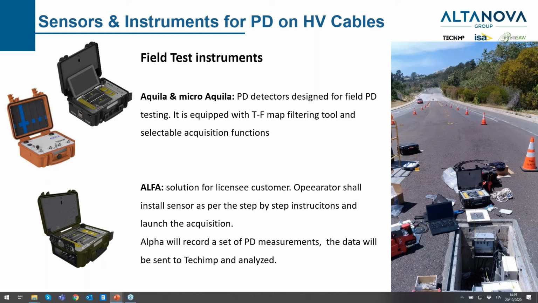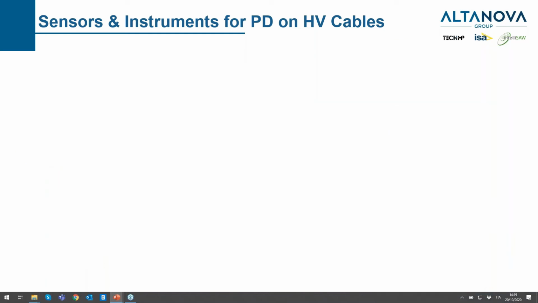Do you have available ground leads or not? Is there current in the cable or not? And then it gives instructions to the user also for the sensor installation. And then you can launch an automatic acquisition. So even an unskilled operator or someone that doesn't want to learn too much about PD testing can perform a good acquisition with the Alpha unit.